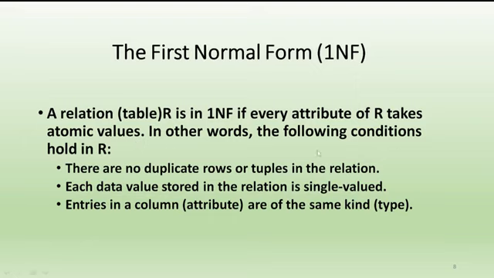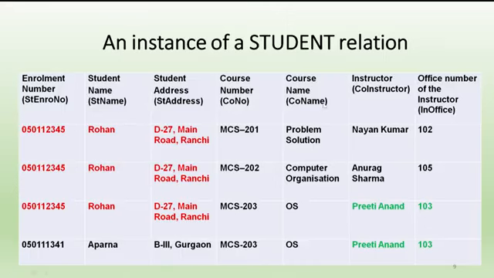In other words, the following conditions hold in R. There are no duplicate rows or tuples in the relation. Each data value stored in the relation is single valued, and entries in a column are of the same kind. So if we take these three tuples, this particular instance satisfies the conditions.